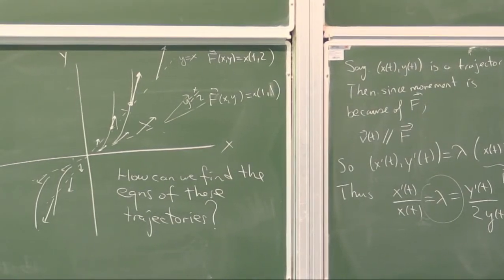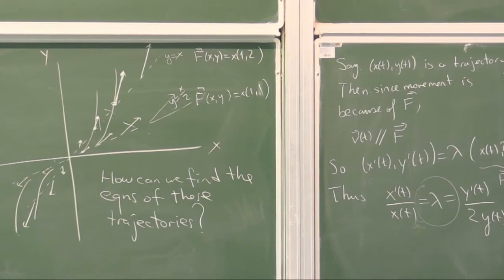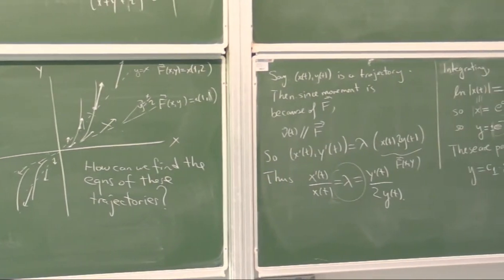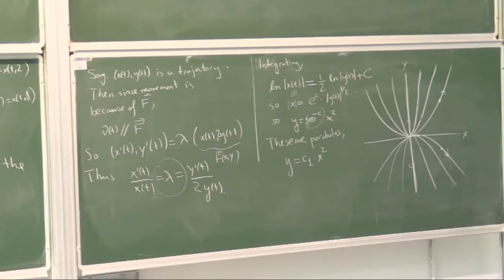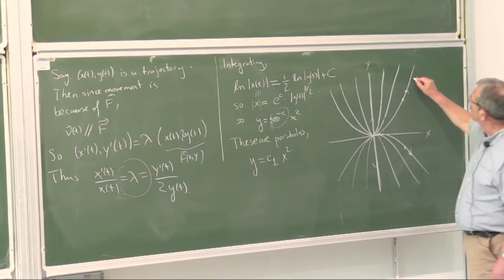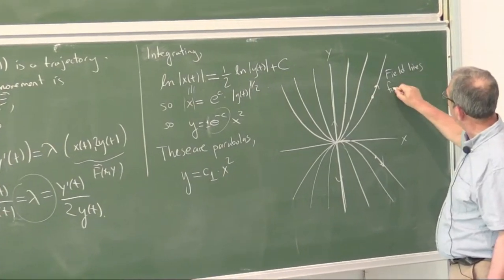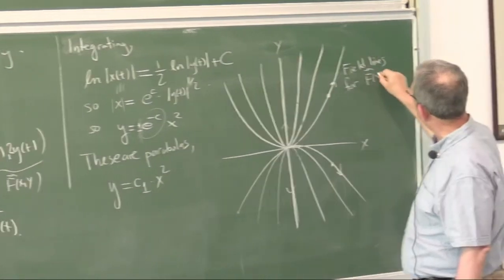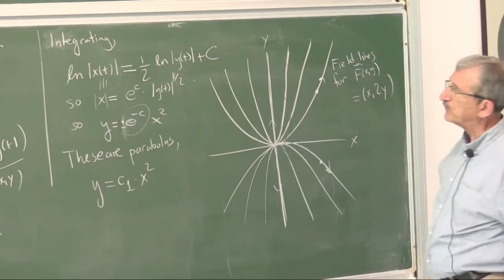So it moves here directly up, and here it's the opposite direction. So these are the field lines for F(x, y) equal to (x, 2y).